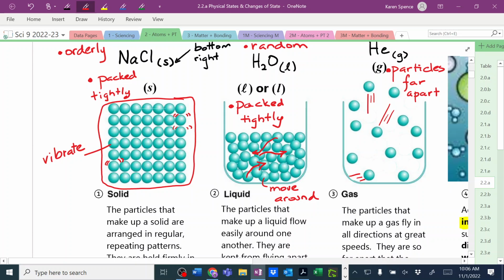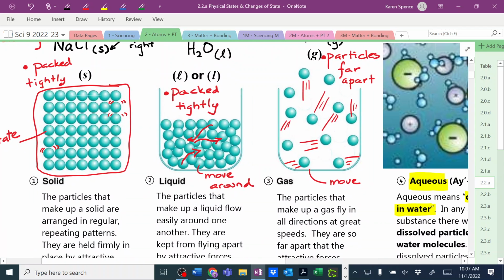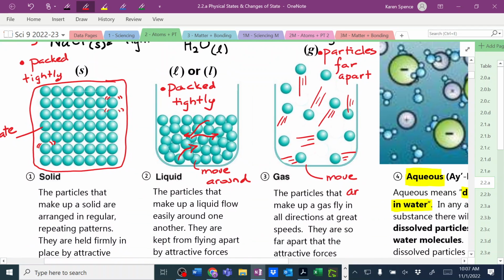Okay, they move about. There's lots of motion. So they move around fast. I would have written quickly, but I did not leave enough room for it, so I wrote fast instead.